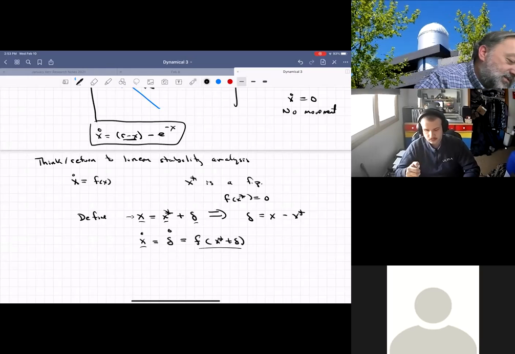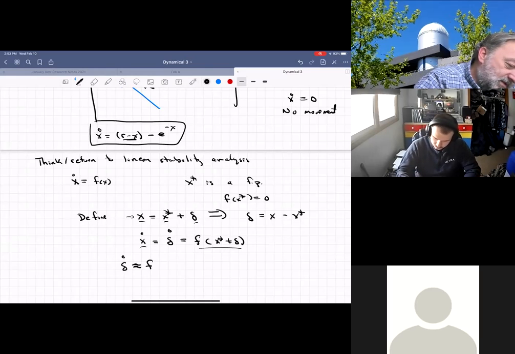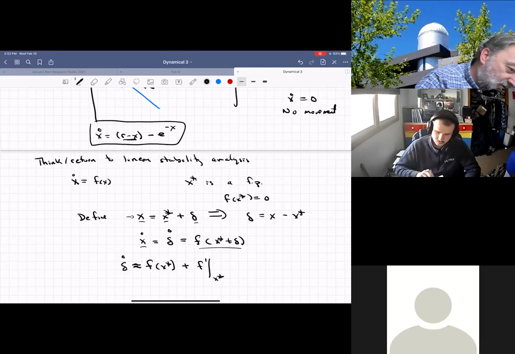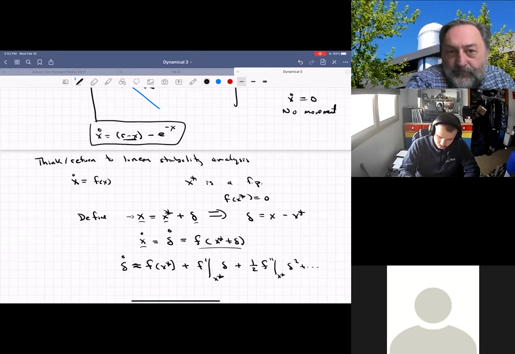So that screams, do a Taylor series expansion on me. So delta dot would be F at X star plus F prime evaluated at X star times delta plus a half of F double prime evaluated at X star times delta squared, plus I could keep going. Does this make sense? Okay.